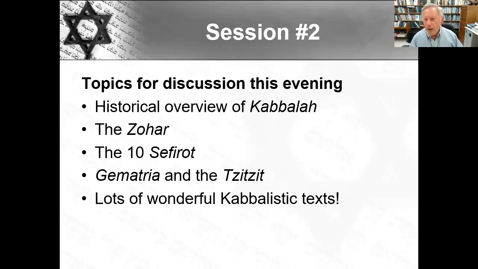But I want to open by commenting on something we touched upon last week, and that is the interconnectedness of everything. I think I mentioned to you that one of Larry Kushner's books on Kabbalah is called Invisible Lines of Connection. And that's the idea that in the Shema, when we say, Adonai Echad, one possible way of understanding that phrase is that God is unity and everything is interconnected.